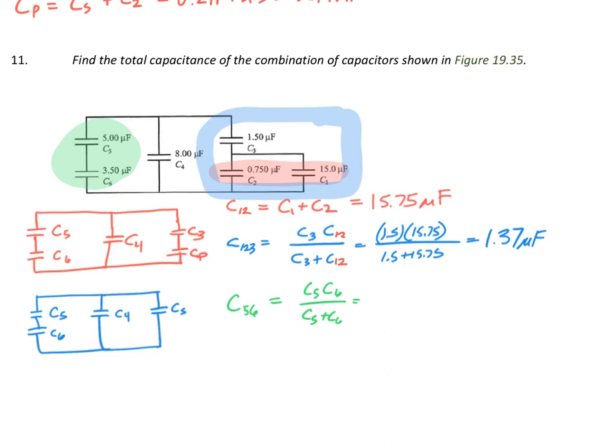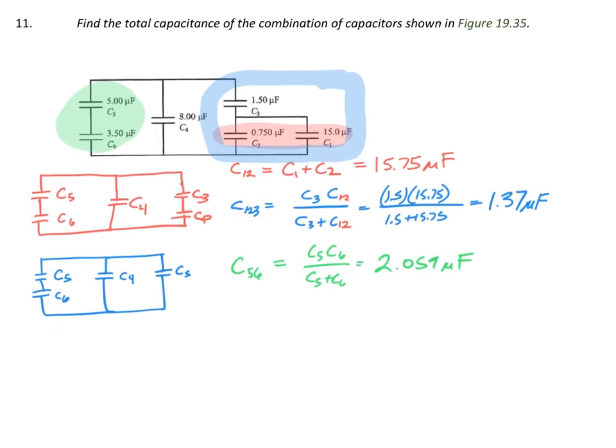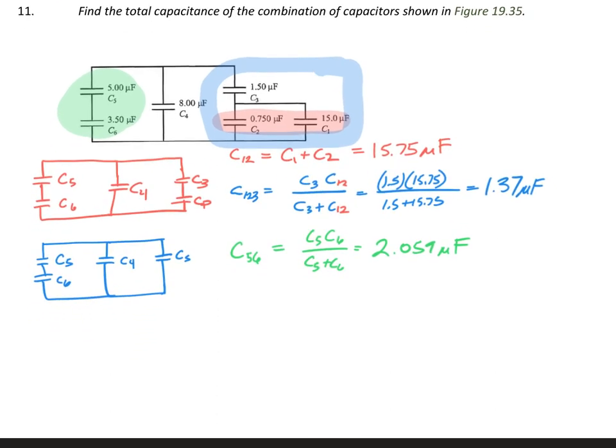And you can plug and chug all that. I'll just give you the number because it's the same old math as before. So now C56 has been simplified, and if I were to draw that circuit, now I have a C56 in parallel with a C4, which is in parallel with a C12.